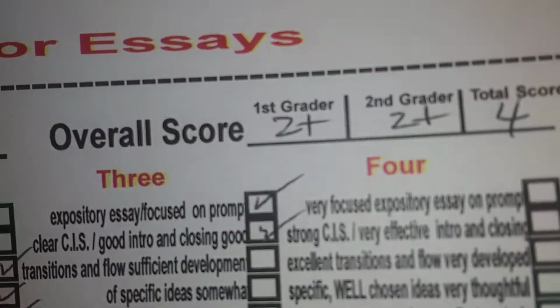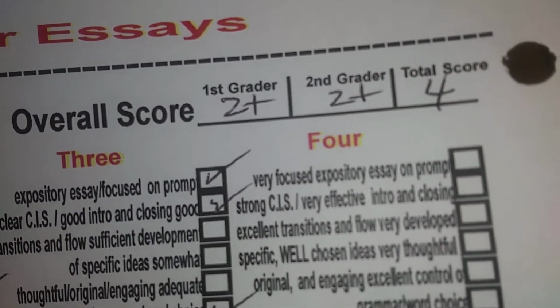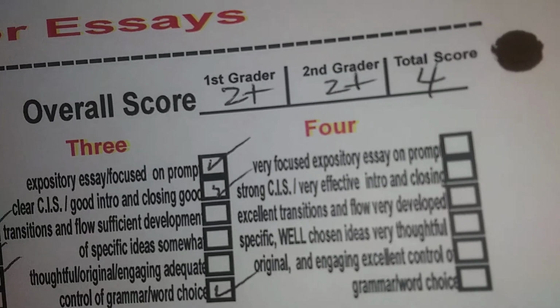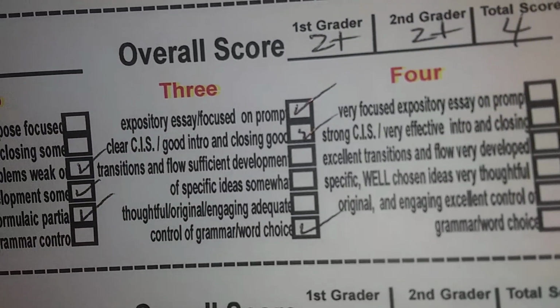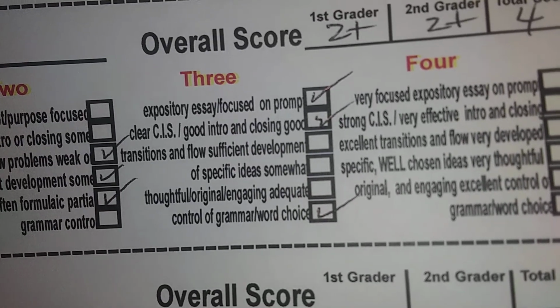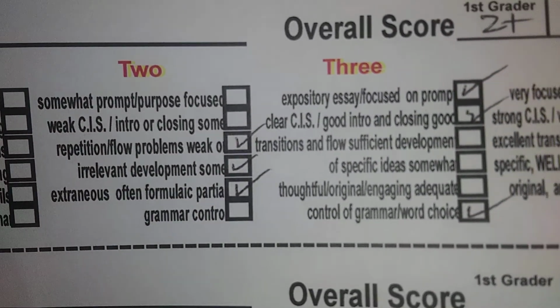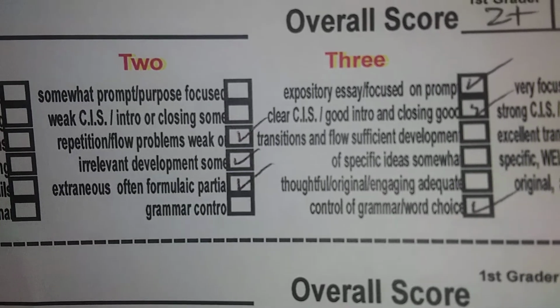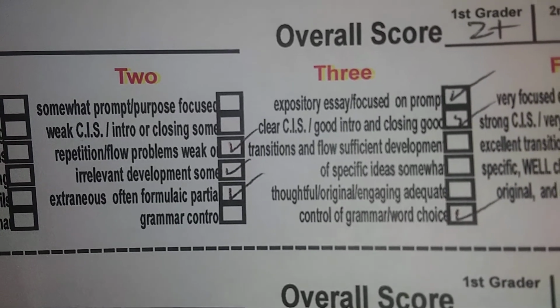And as you can see, I put in there 2+ and 2+. Since there's no such thing as 2+, I'm just letting the student know that I did have a couple of areas that I felt were good enough to be a 3, but because of the lack of development of the examples, it leaned more towards a 2.